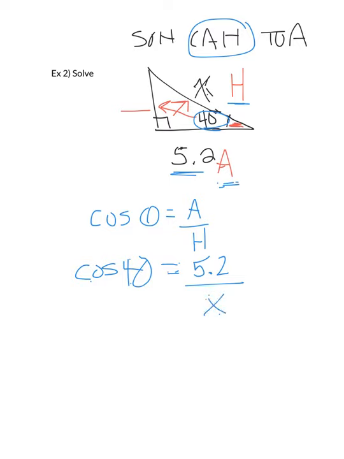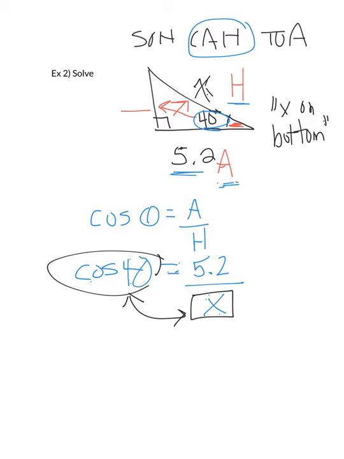Now, I called the last example x on top, and if you're thinking ahead, you can probably guess that I'm going to be calling this example x on bottom. For the exact same reasons, when I substitute all of my information into this problem, the variable that I'm looking for is in my denominator. So when I have an x on bottom, I need to swap this side with my variable.